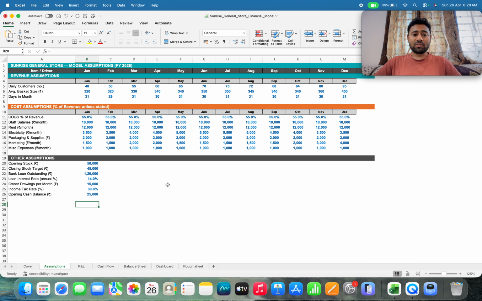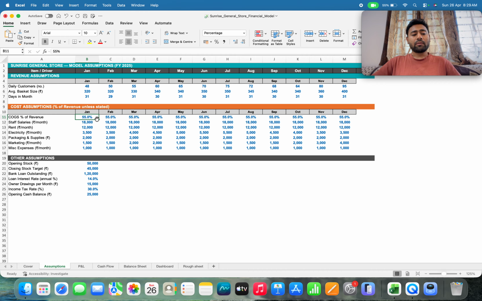Also we have an average basket of 320. It means each customer is going to purchase, on average, a basket of rupees 320, right? And days in a month is 31 days, as we know the month's working days.